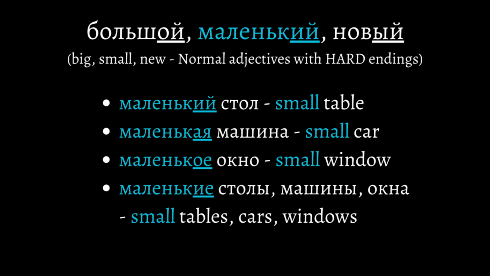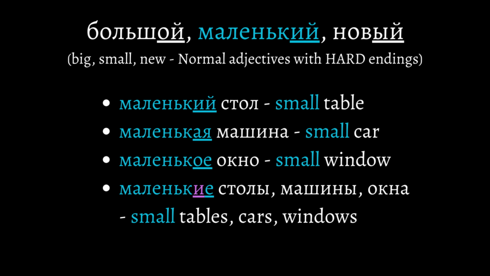Маленький стол, маленькая машина, маленькое окно, and маленькие столы, машины, окна. Despite using a different normal adjective that has a different ending, the modification pattern from before still applies to this adjective, with one exception in the plural having a spelling rule.